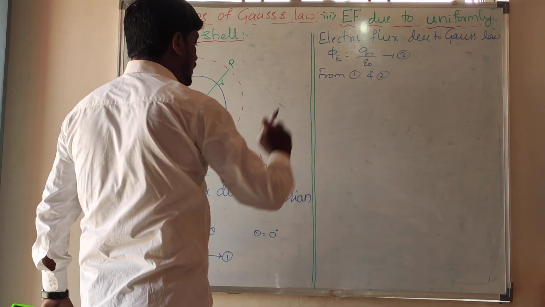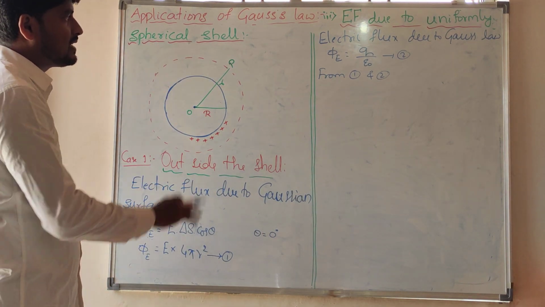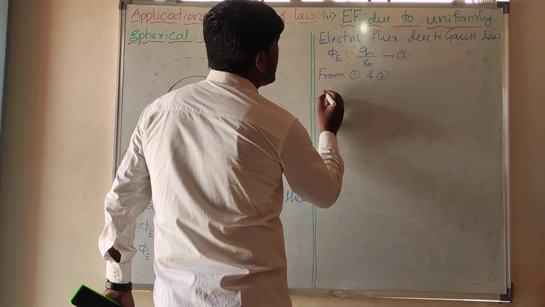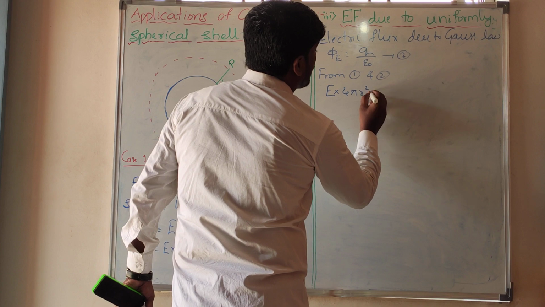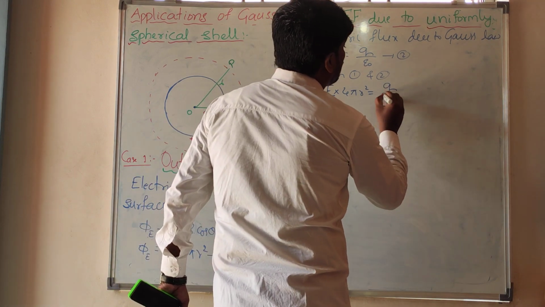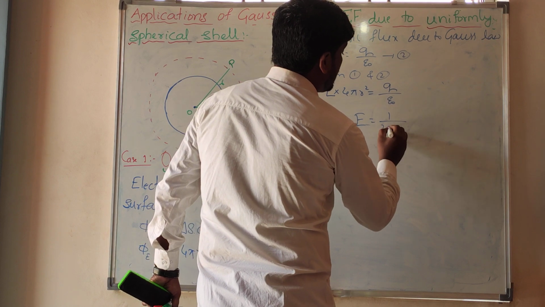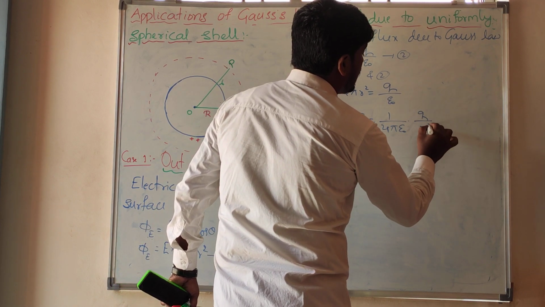Here there is no need to substitute the surface charge density in the flux equation; just keep it as Q by epsilon naught. Then if you compare 1 and 2, we get E into 4 pi r square is equal to Q by epsilon naught, then E is equal to 1 by 4 pi epsilon naught into Q by r square.